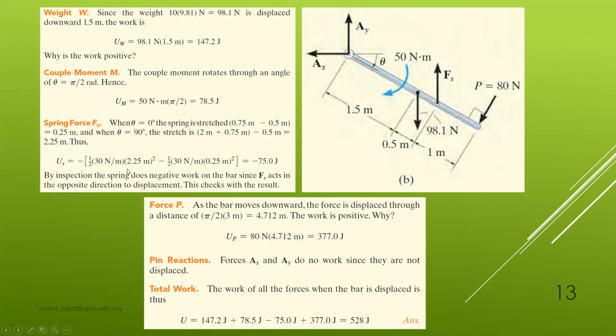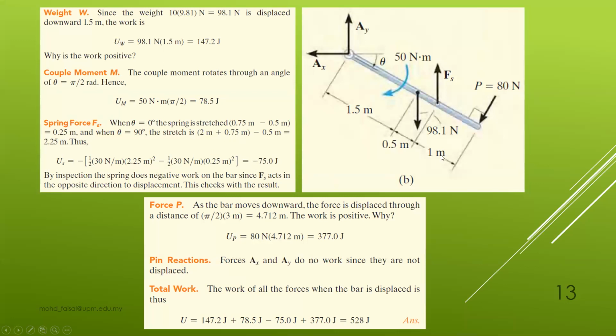Basically you need to calculate when theta equal to 90 degree, and on the second part here, when theta equal to 0 degree, you have a displacement x, which is equal to 0.25, and this is your answer.